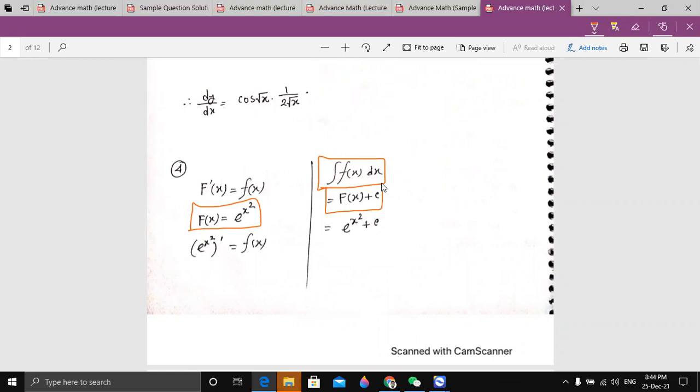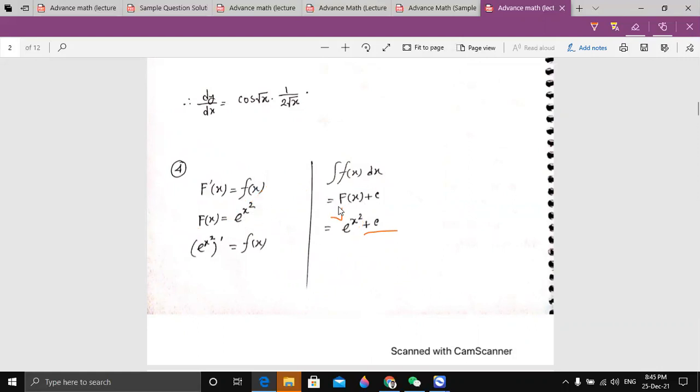Okay, because integration is represented with capital F. Okay, capital F of x. So now we have to find the integration of this function. Sorry, we can just directly input the value here. So F of x will be e to the power x square, and we have a c here. Okay, plus c.